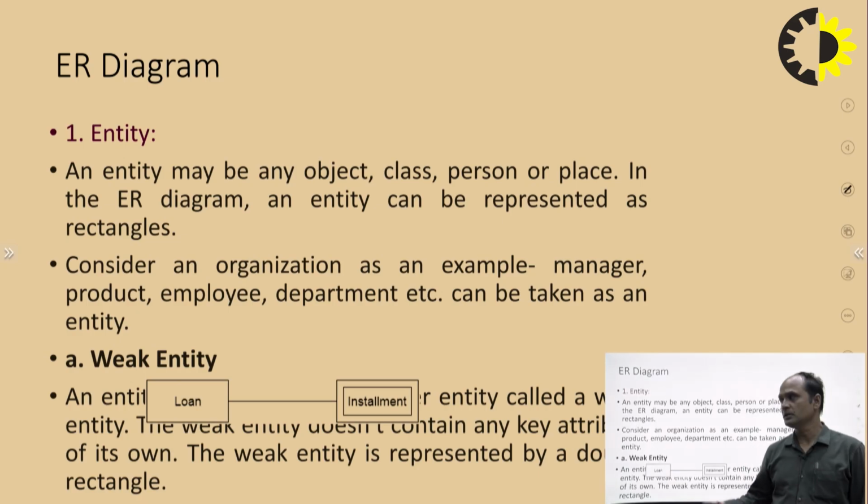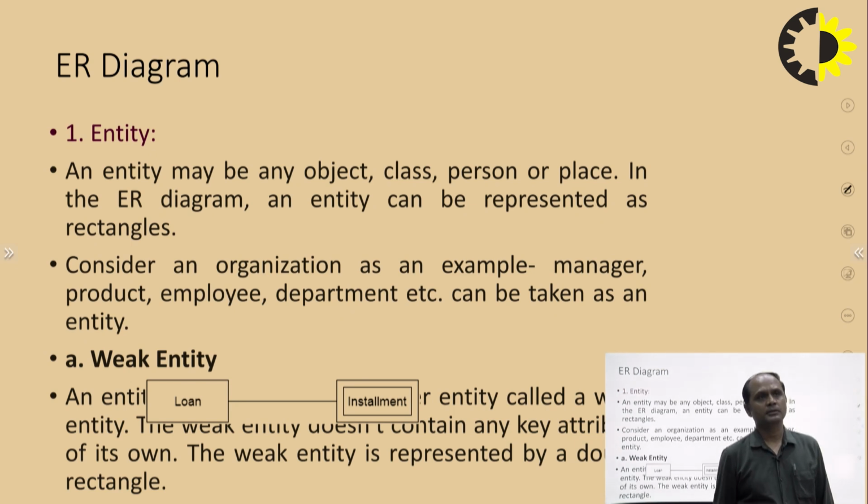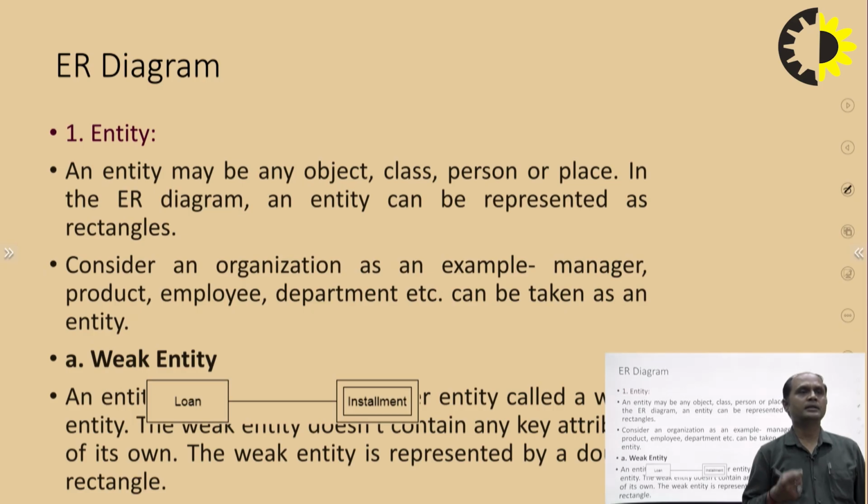So the first part is entity. What is an entity? An entity may be an object, a person, a class, a place, or some other thing that can exist in a particular environment. That is called an entity, and in the ER diagram it is represented by a rectangle.